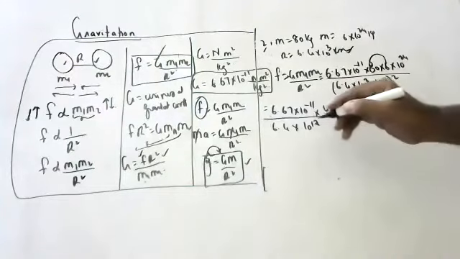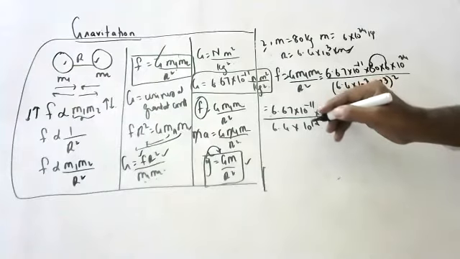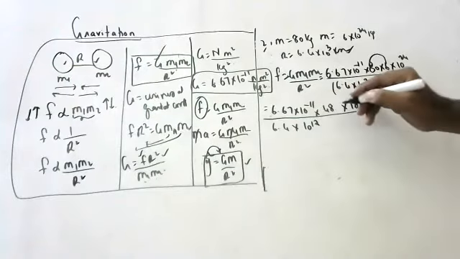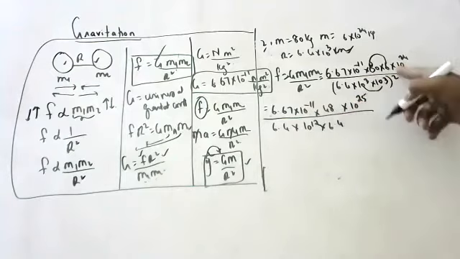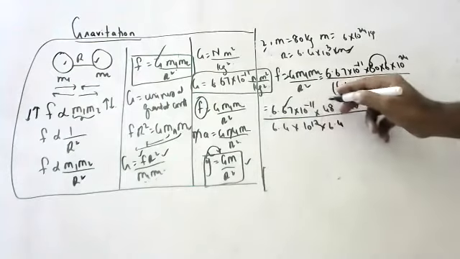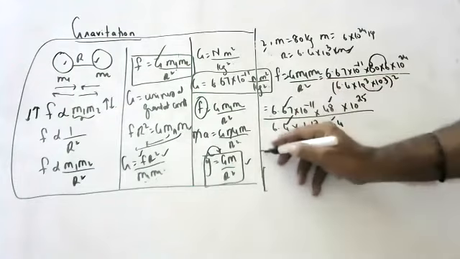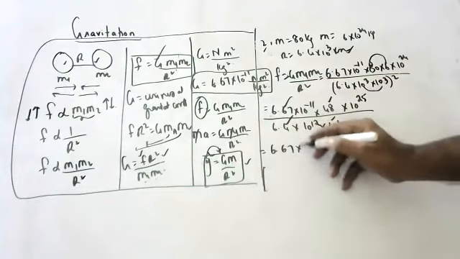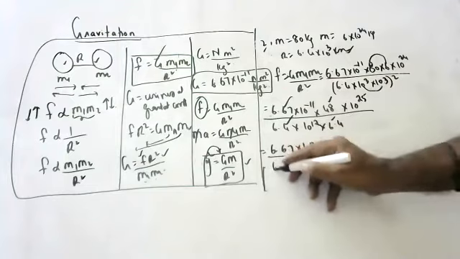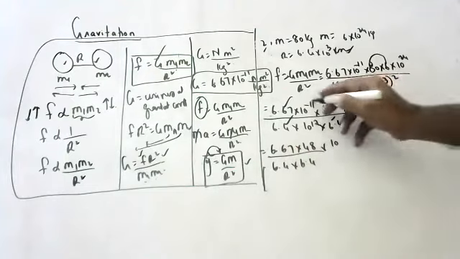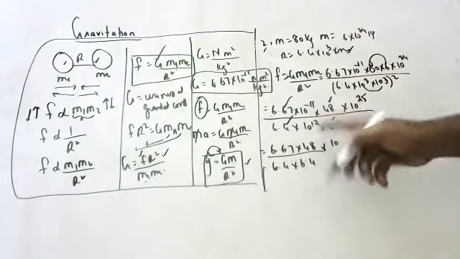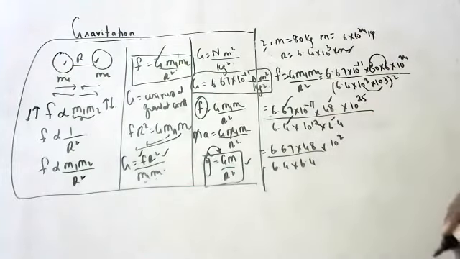So if I remove this, here it will become 5. 6.4 into 6.4 because it is 6.4 whole square. So children, we have to simplify this. 6.67 into 48 by 6.4 into 6.4 into 10 to the power of 25 minus 11, 14 minus 12, 2. Okay, children.